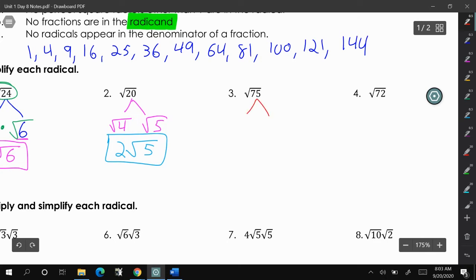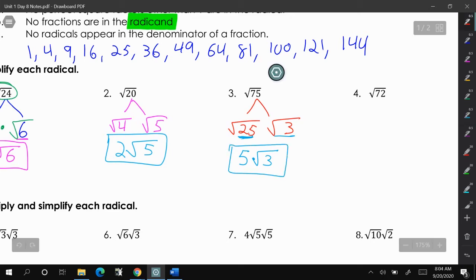This one we can break up into the square root of 25 and the square root of 3. We can take the square root of 25 and we get 5. And then the square root of 3, we can't simplify that any further, so we just bring the square root of 3 down.